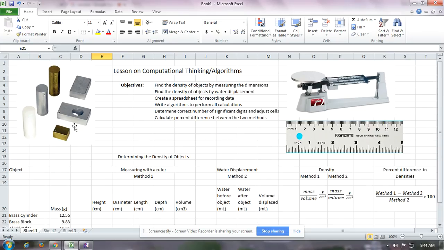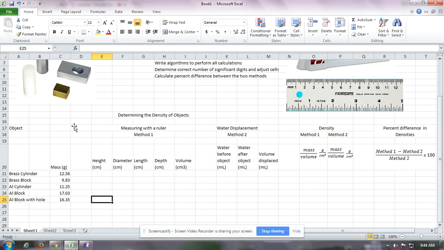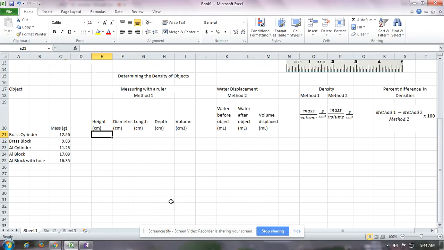So let's say we wanted to do the height of the cylinder. And let's just say that it is about 7.25 centimeters. The diameter, let's say that's 1.30. There would be no length in this case and no depth.